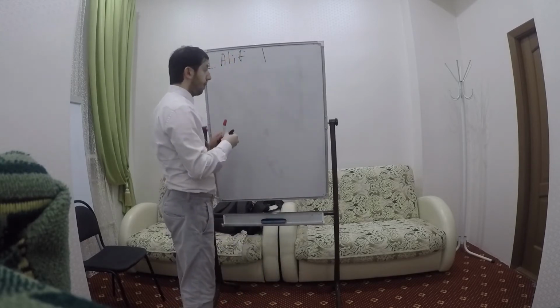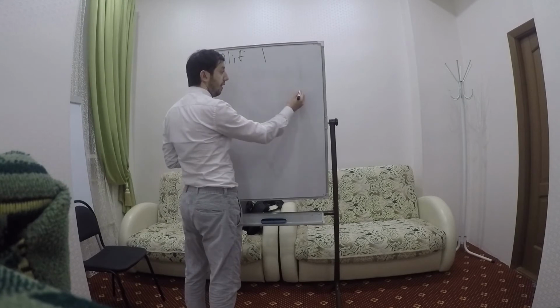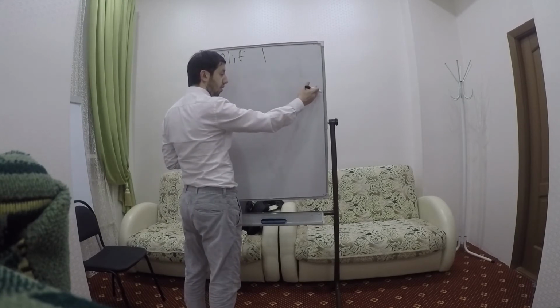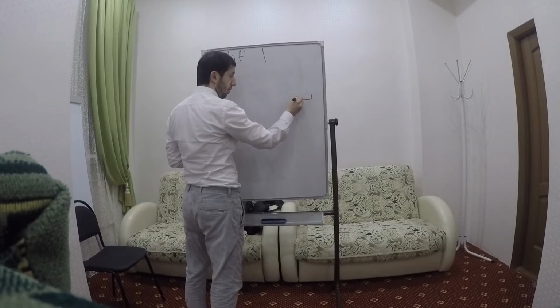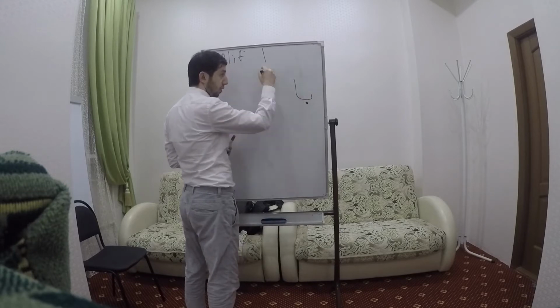So if there is any letter before alif, alif can be linked with this letter. For example, this letter is B. I will explain it to you now.